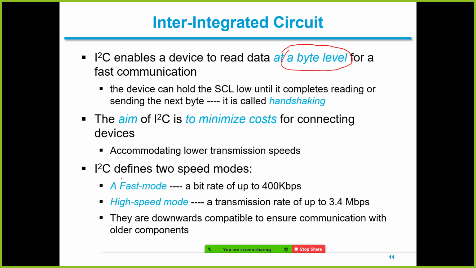So I2C defines two speed modes. In fast mode, the bit rate can be up to 400 kbps, kilobits per second. In high-speed mode, the transmission rate can be up to 3.4 megabits per second.